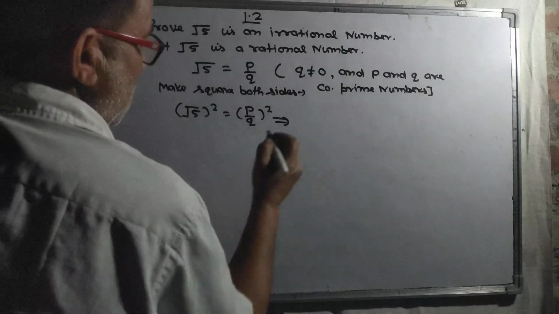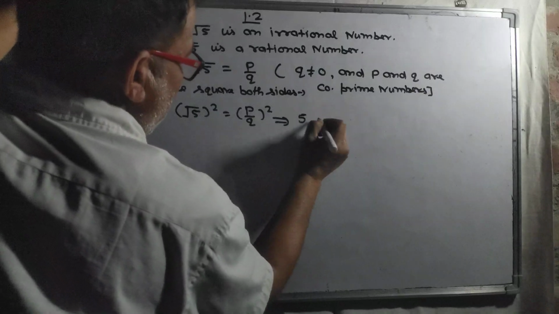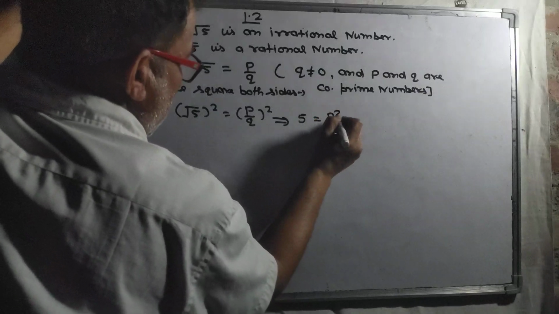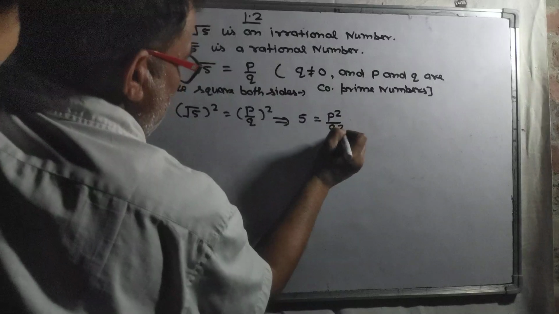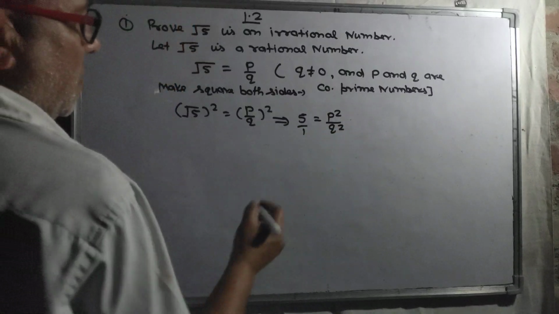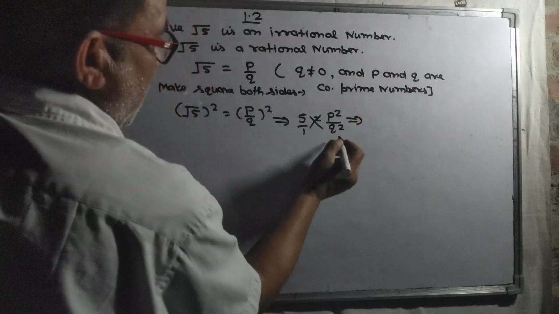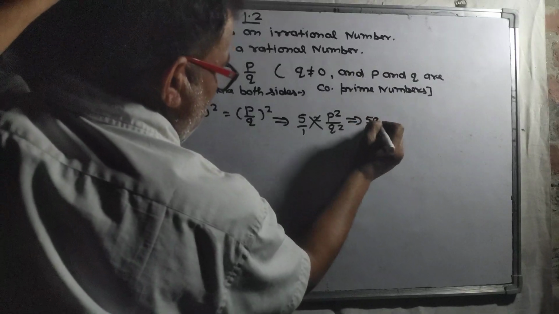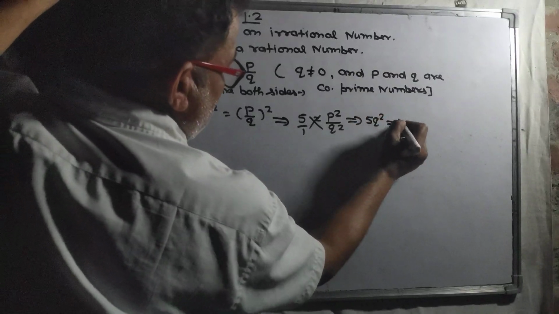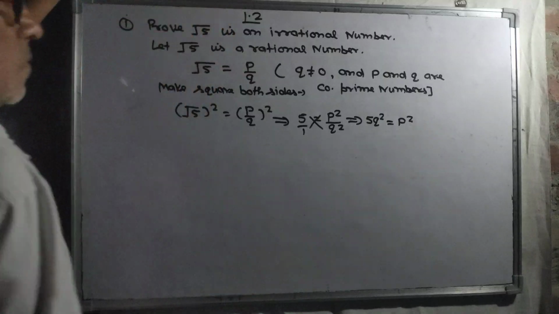Root 5 whole square is 5, so 5 equals p square upon q square. You can cross multiply: 5q square equals p square.